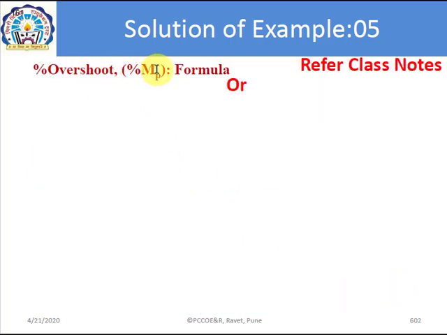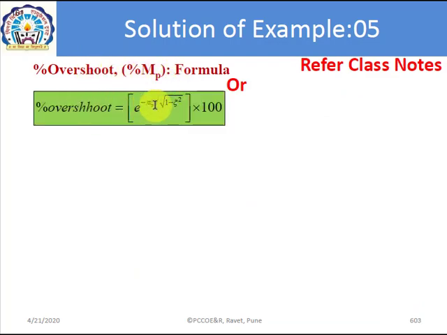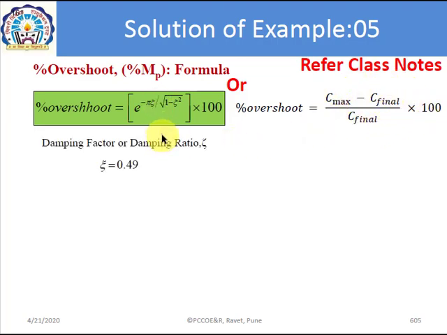So we plot this response. The percentage of overshoot, that value we have to represent in the time domain response. Percentage of overshoot is given by e raised to minus pi zeta over under root 1 minus zeta square into 100, or alternatively (C max minus C final) over C final into 100. These values are not available, but we have the zeta value, so we use zeta equal to 0.49.